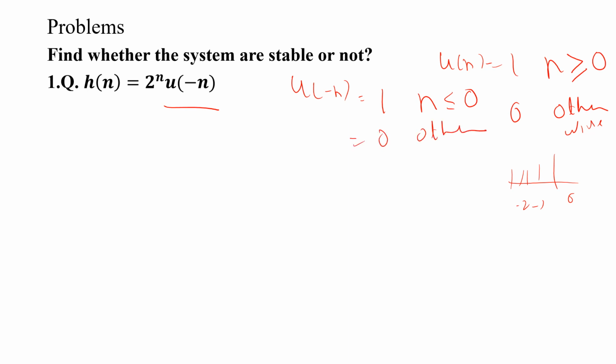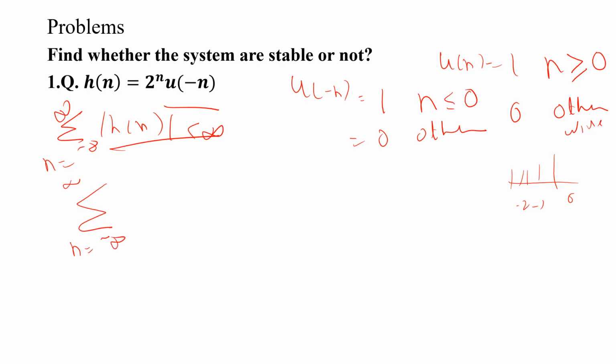A system is stable if the summation from n equal to minus infinity to infinity of mod of h of n is less than infinity. So if it obeys this condition, I will calculate the summation from n equal to minus infinity to infinity of mod of h of n.